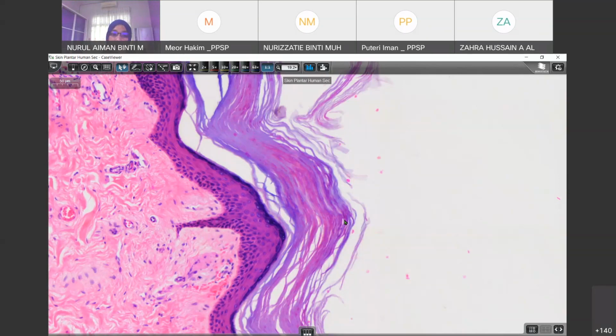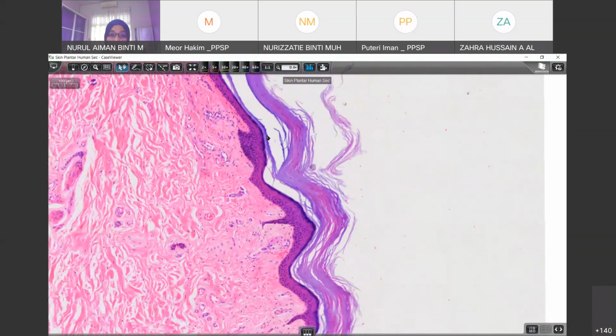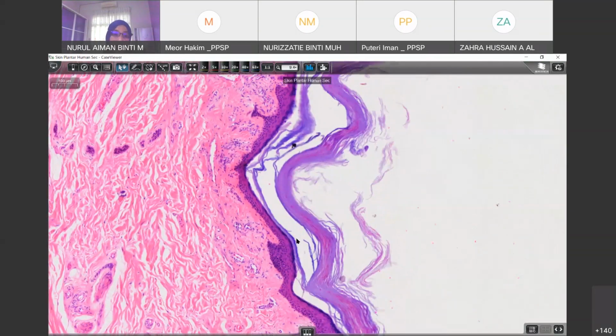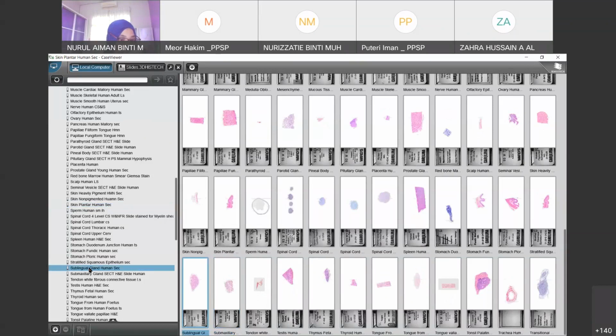Anyway, for the skin topic, I don't have to touch it in detail because you have another topic on skin in detail. So we just look at one slide here for skin. I was trying to find the sublingual, but never mind. Submandibular is not here. This is stratified squamous.